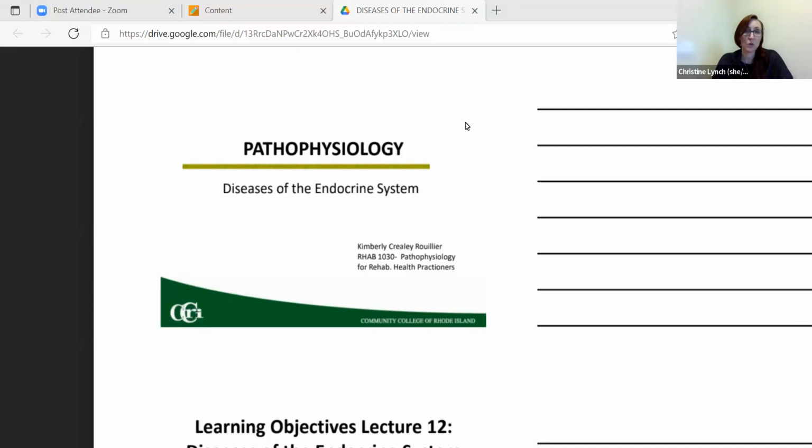And so for the exam, you're going to need to know the names of the glands and the functions that they affect. There is a table, table 12-1 on page 265 of your textbook, and it has the glands and the hormones and the functions, and it's really easy to understand. So you should definitely take a look at that and use that for studying.